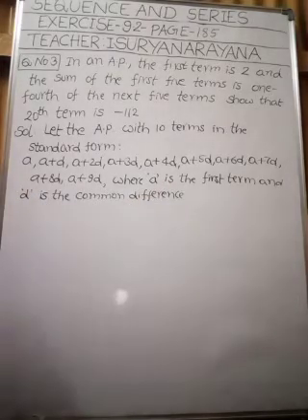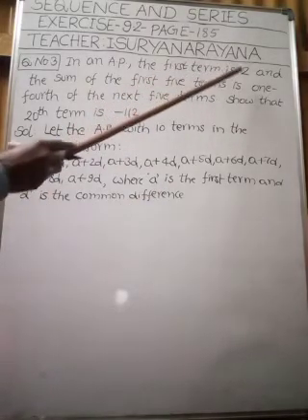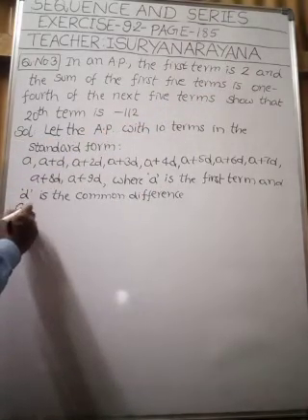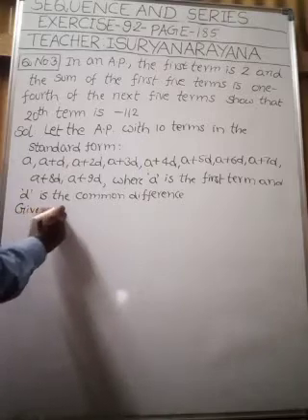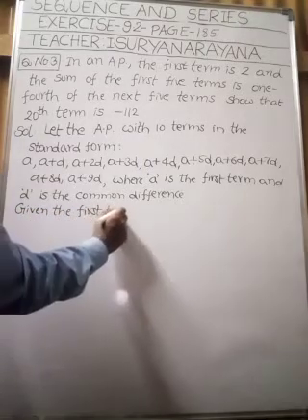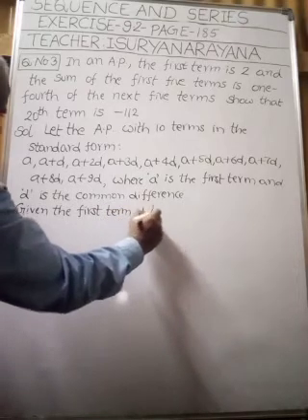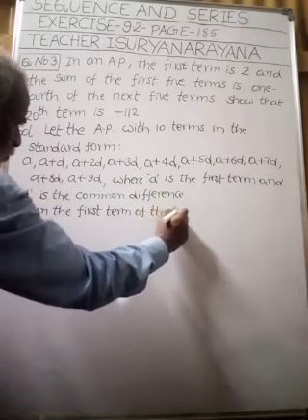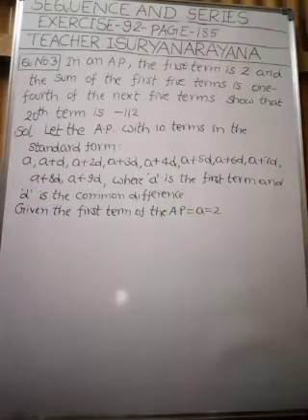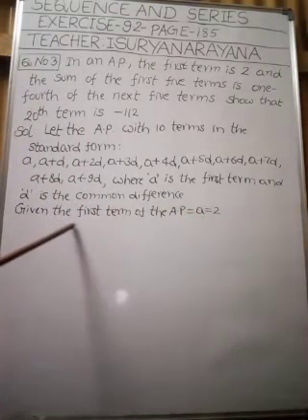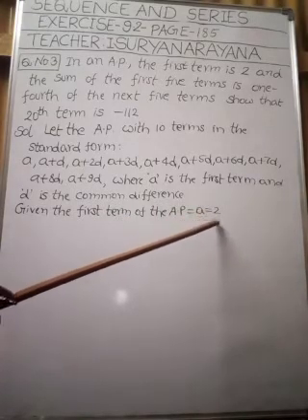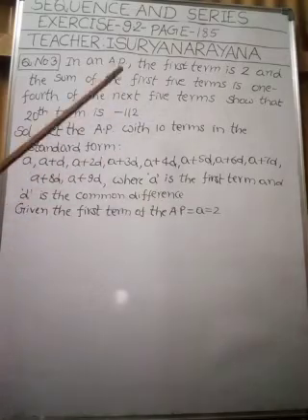Now come to the question. What is given here? The first term is 2. Yes or no, my children? Given the first term of the arithmetic progression, A is equal to 2. And what is the given condition?